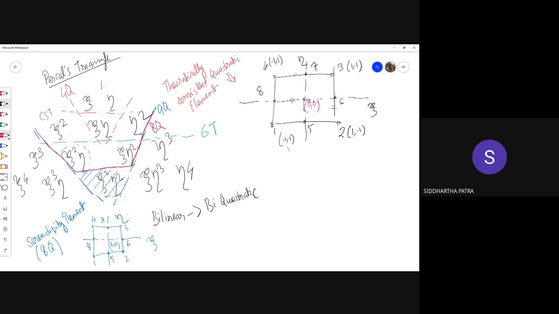That means in your shape function you can use 3 linear equations. For example, if I have to find out the shape function for node 1, I'd be considering this line, the line 4 3, whose equation is eta equals 1. That means 1 minus eta equals 0.